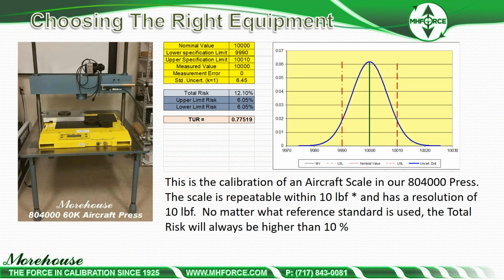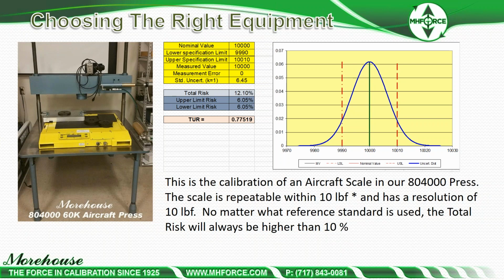Here we have an aircraft scale, a 60,000 pound aircraft scale. At the first test point, the specification limits are plus or minus 10 pounds. The resolution of the device is 10 pounds, and the repeatability that we recorded was 10 pounds. Those two numbers in the denominator give us a TUR of 0.77 to 1.